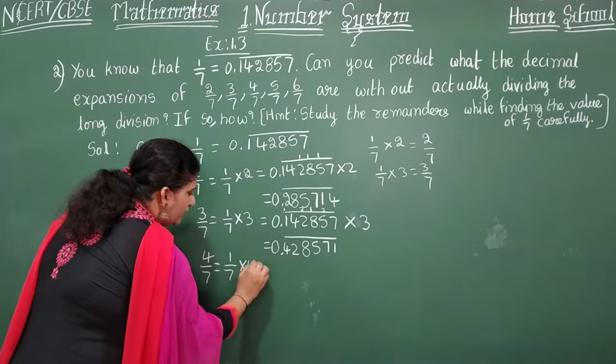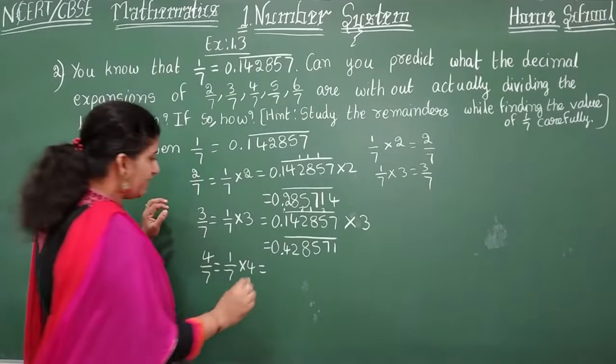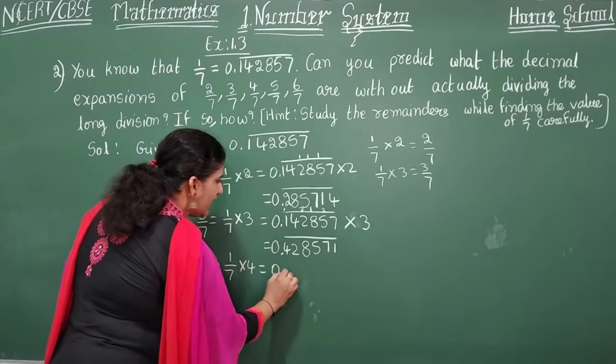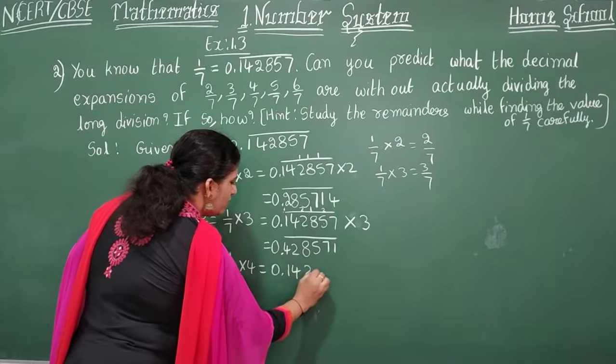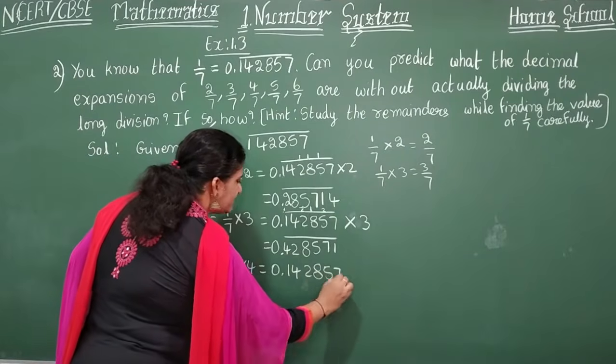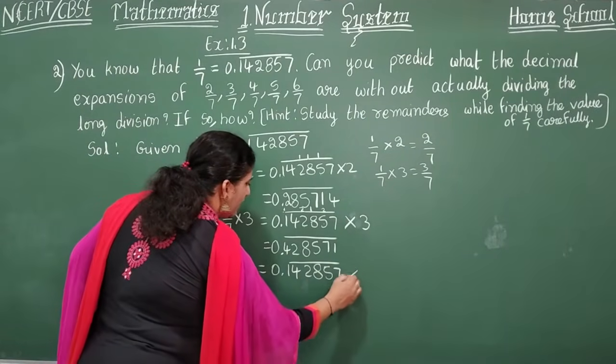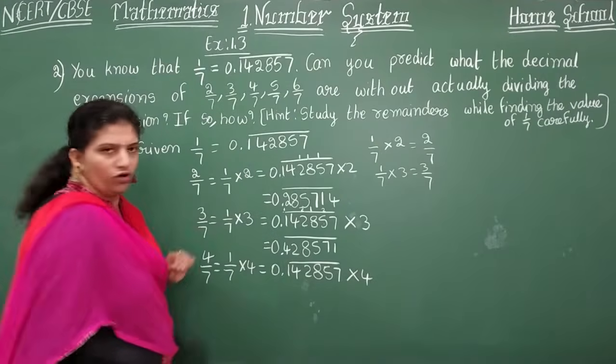So let's continue. 4 by 7. 1 by 7 into 4, you get 4 by 7. What is the 1 by 7 value again? 142857 bar into 4.